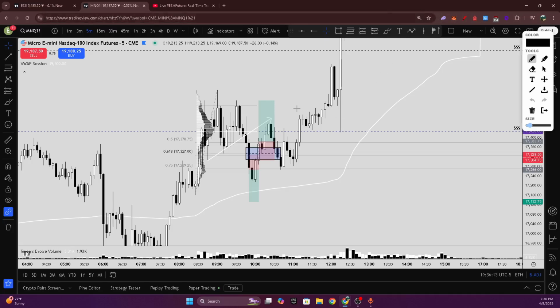Now, another thing I want to emphasize that applies to both these trades is that POC was right here, right? And we wanted to go away from POC when price simply wanted to come back to POC, right? So this shows that we were trading against POC, or trading against mean reversion, while price simply wanted to follow mean reversion, right?